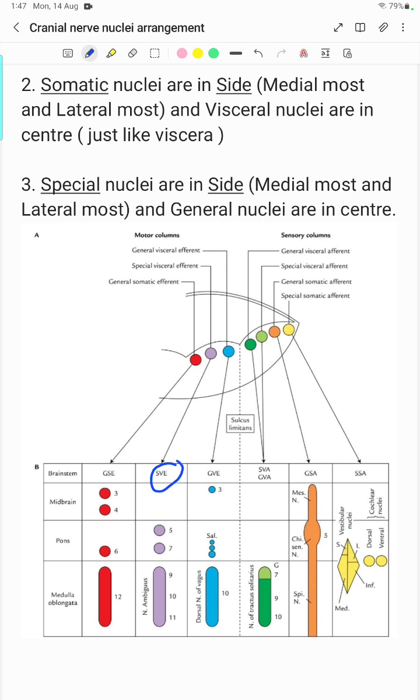Efferent means motor, visceral means something which lies inside our body, which is a derivative of endoderm, and special means it is a structure derived from branchial arches. So the special visceral efferent column supplies muscles developing from branchial arches.